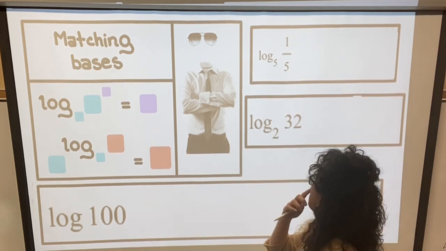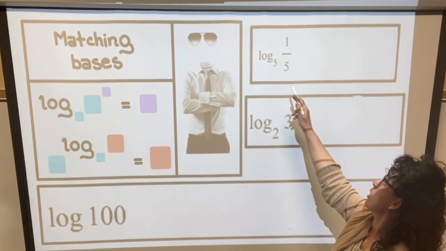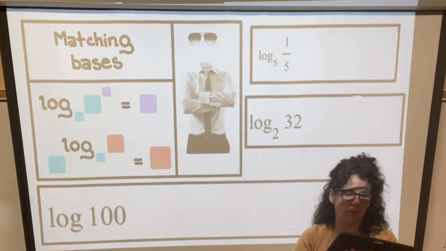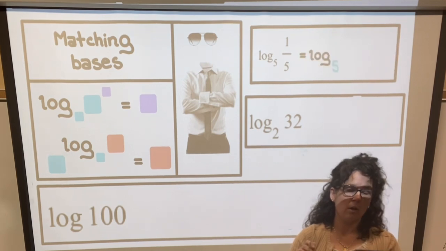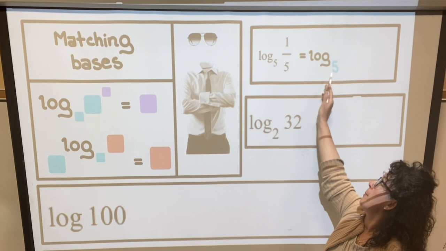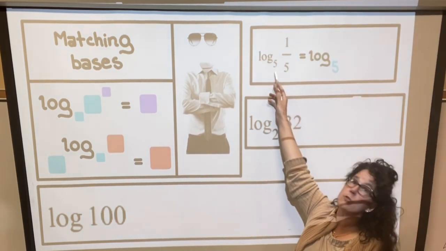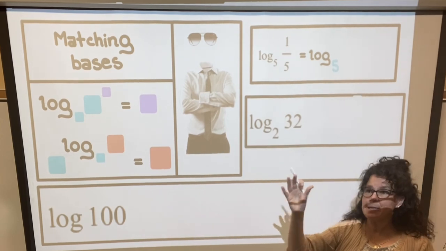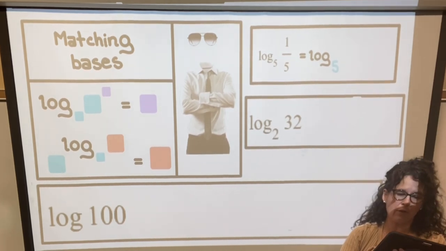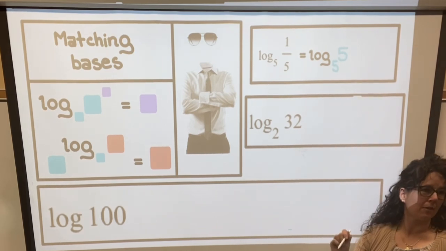Okay, so then let's put that in action. Let's say I want to use this property, log base 5 of 1/5. To use the property, I know that if I'm going to have a matching base, if this is already base 5, I need this to be base 5. So that is going to have to be a 5.